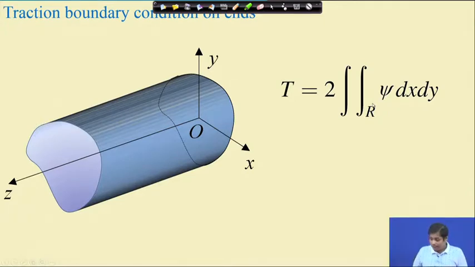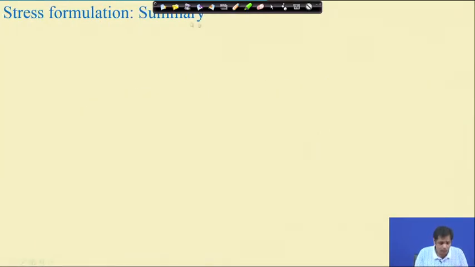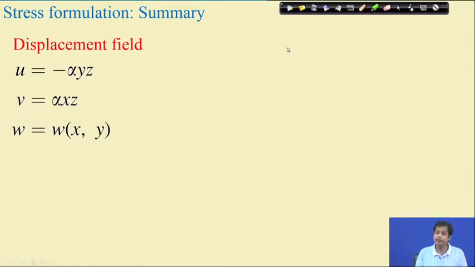So let us quickly revisit everything and summarize all the equations. What we did is we started with this definition of the displacement field, and the assumption was small deformation, so the displacement is small, and that is why the rotation can be taken as a linear function of the longitudinal axis.